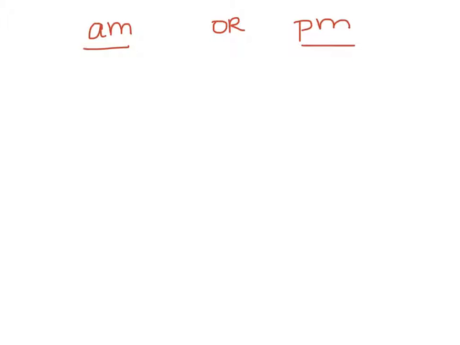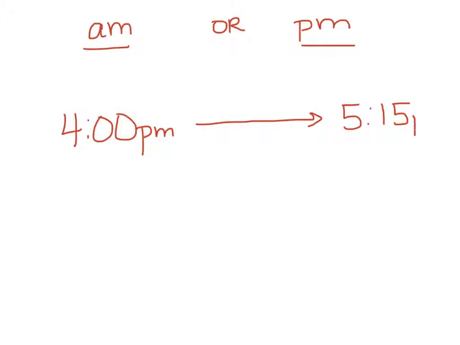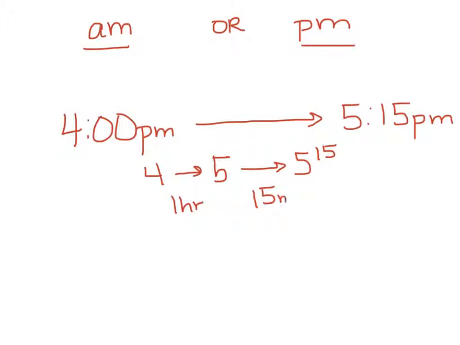For example, if I start my homework at 4 o'clock p.m., you always need to have a label, and I finish my homework at 5:15 p.m., well, we would know to get from 4 to 5 is 1 hour, and to get from 5 to 5:15 is 15 minutes.